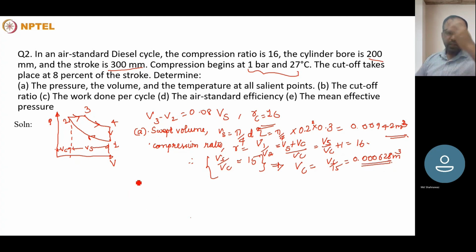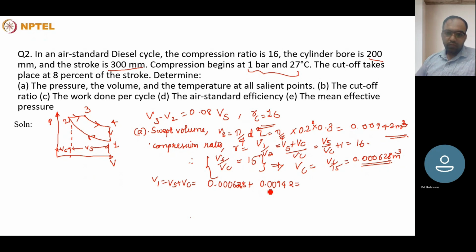And then we can calculate the volume at the start of the compression. V1 is equal to Vs plus Vc. So that will be equal to 0.000628 plus 0.00942.